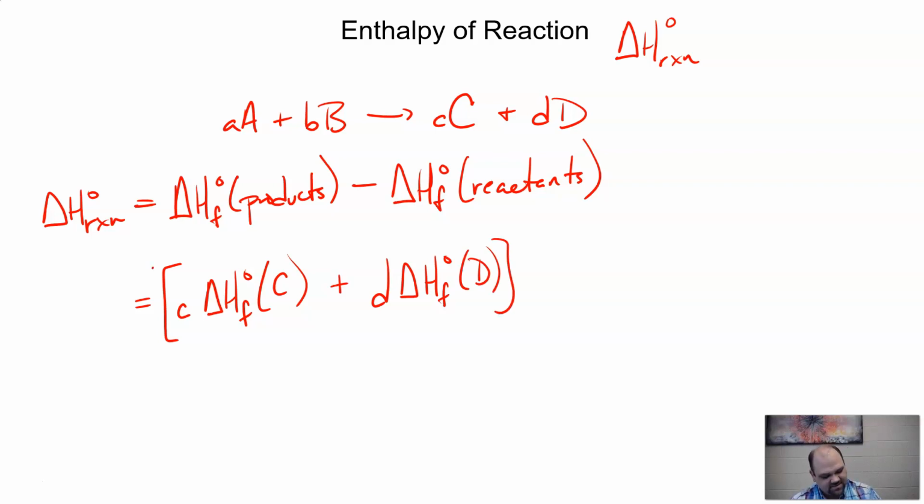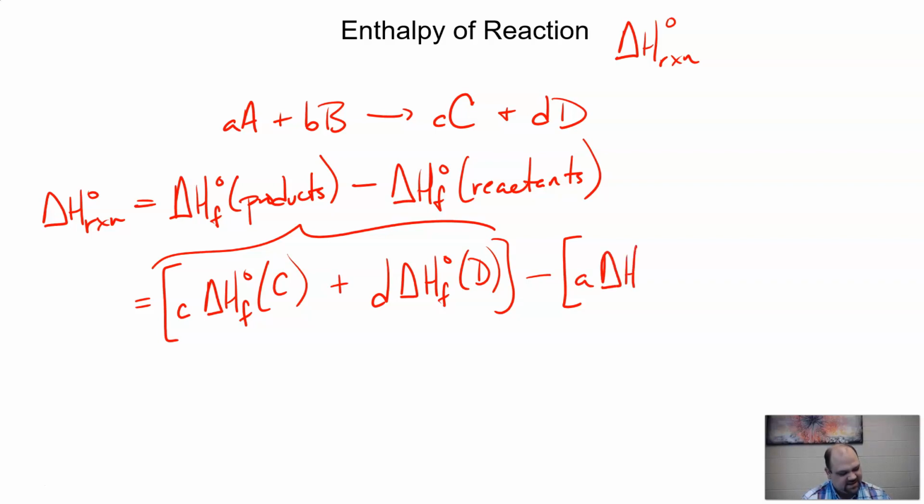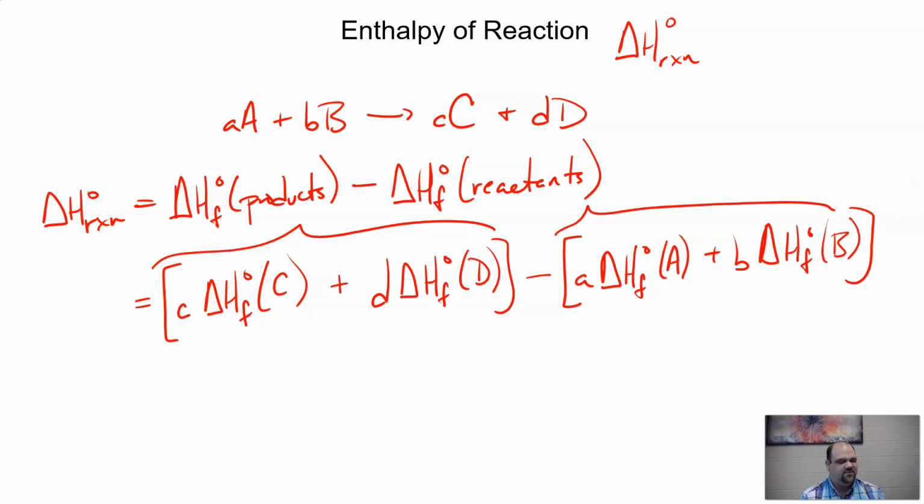All of that is my products. And then I'm going to subtract an analogous bit for the reactants, and that's A moles times the delta H of formation for compound A plus B moles times the delta H of formation for compound B. And all of that is for the reactants.